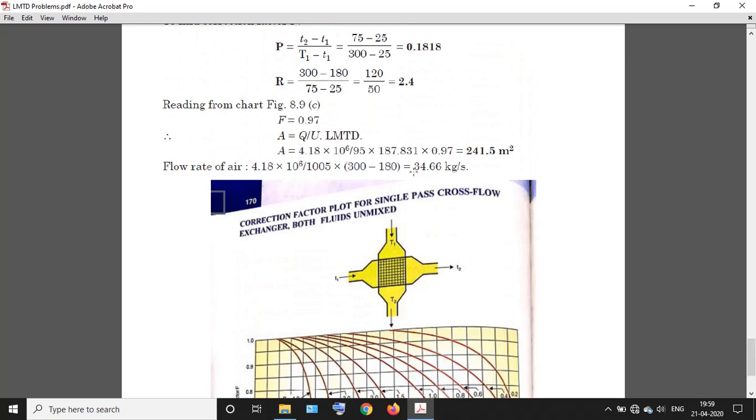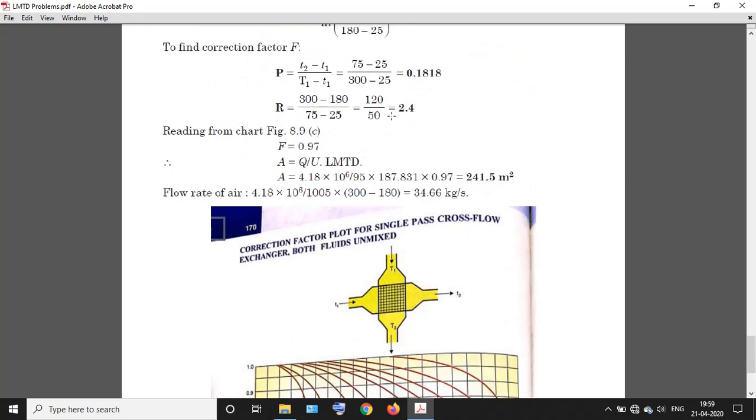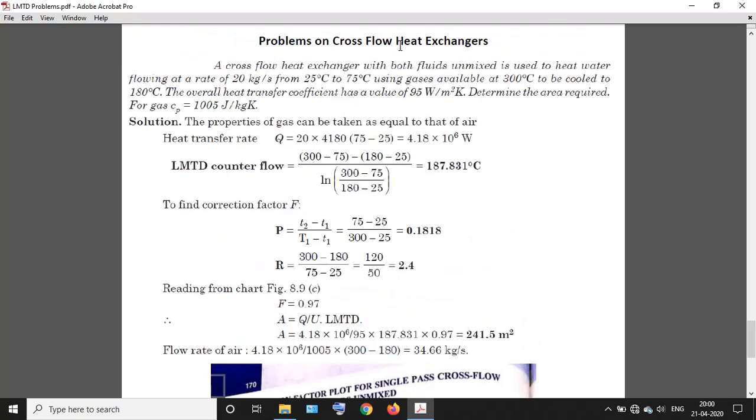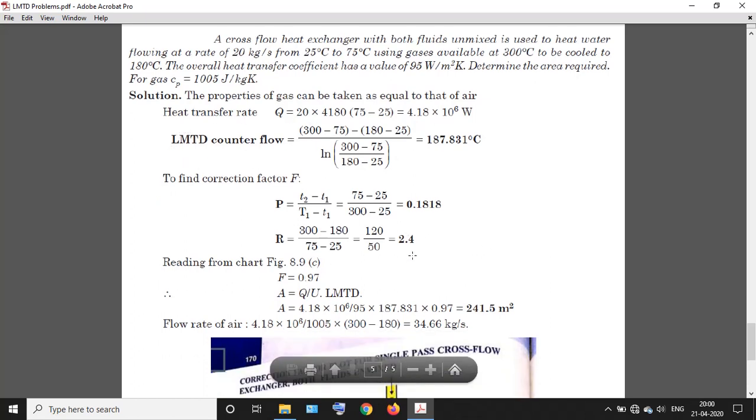In this particular problem they took the value of F to be 0.97. So based on that they found area by Q is equal to UA LMTD. This LMTD should be the LMTD corresponding to the cross flow, which is nothing but LMTD of the counter flow multiplied by the correction factor.